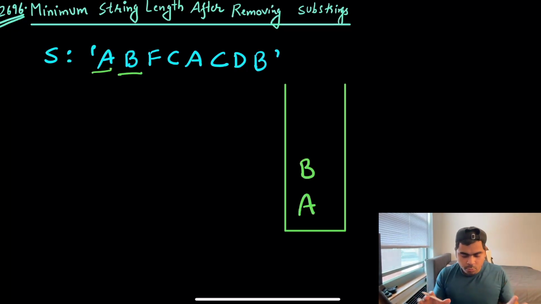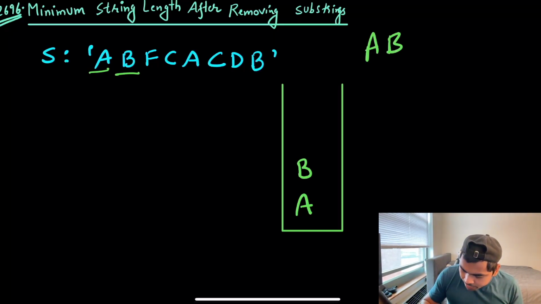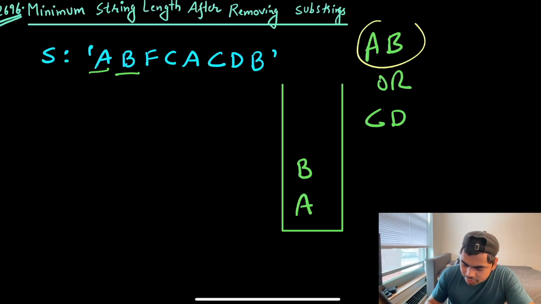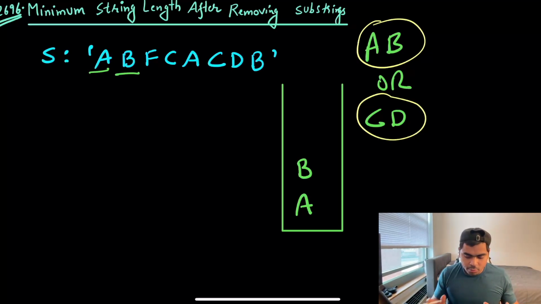But there is just one small case: how do we check if we have seen occurrences of AB or CD? How do we check that we have seen these? I think we are going to basically look at the last 2 characters on top of our stack.